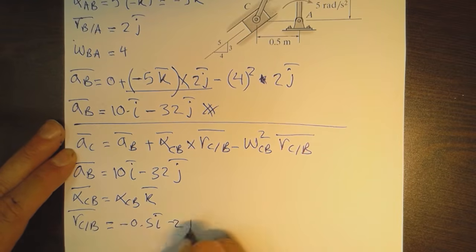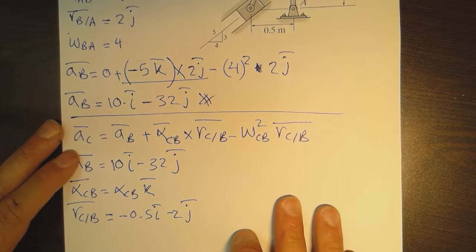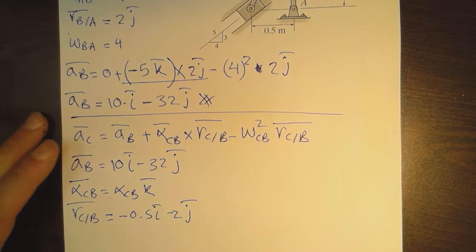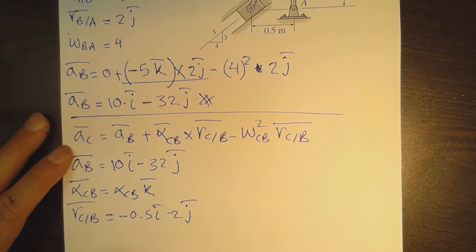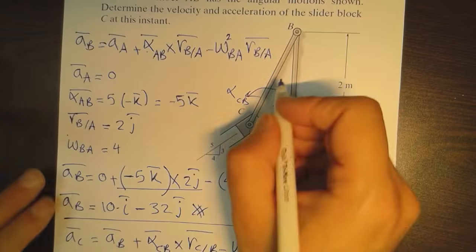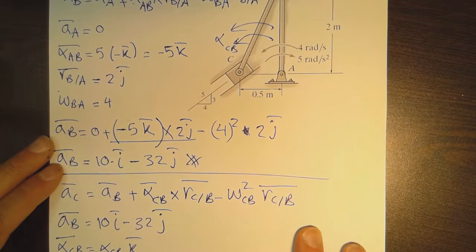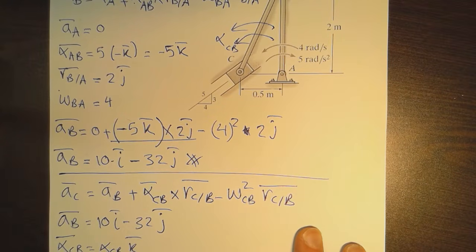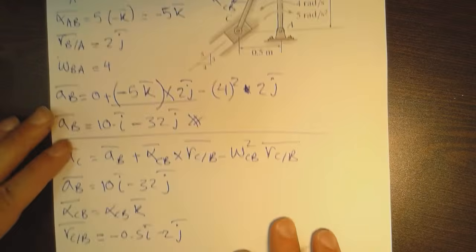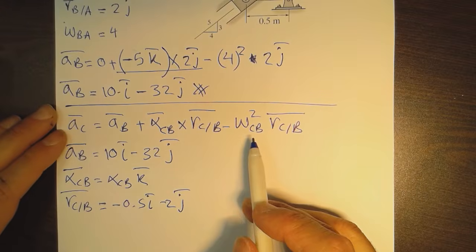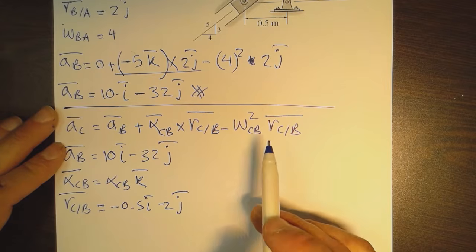And the omega CB, of course, we don't know it, but we can also assume its direction. But remember that we already found it from the previous calculations. Be aware of this. We knew it, and the assumption of its direction was correct.